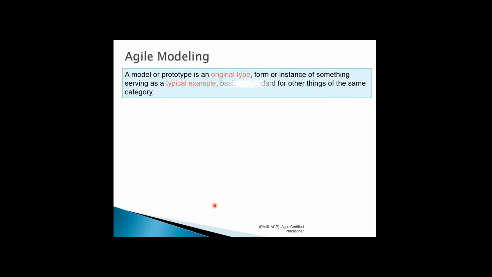What is agile modeling? Modeling is nothing but creating a prototype, a small instance of a working software or working product which can be tested, right? You build a small model or prototype, you give it to the customer, and you ask, hey customer, is this the thing that you're expecting from my end?